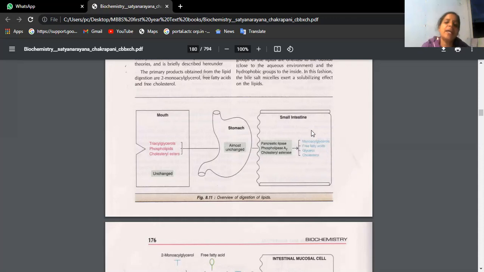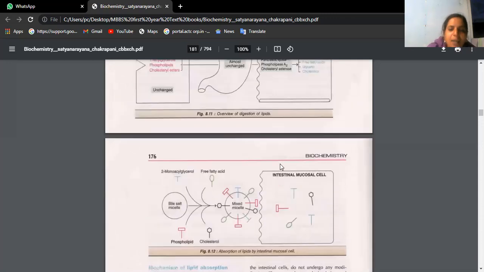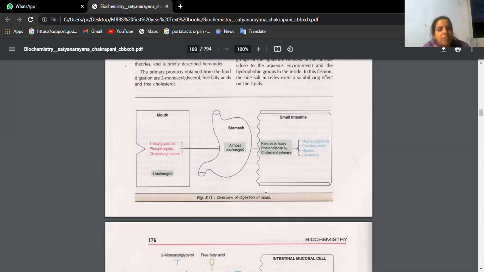These are the end products of digestion which are absorbed in the wall of the small intestine, and they are transported via the portal vein. Through enterohepatic circulation, all these end products of digestion are transported via the portal vein to the liver and stored in the liver. Okay, beta, so that is intestinal absorption of fat, digestion of lipids.